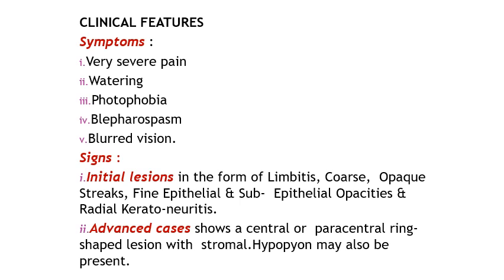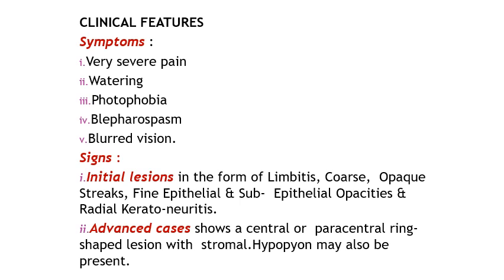On examination with a slit lamp, you see limbitis, that is in the limbus area, you see a lot of inflammation and redness. Adjacent to it you can see coarse opaque yellow streaks, radiating streaks, which we call radial keratoneuritis.